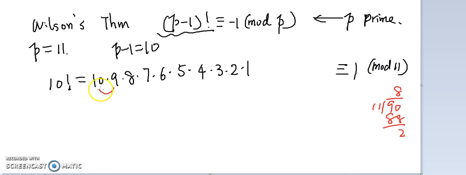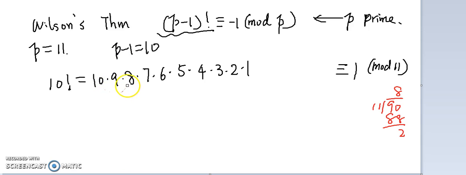So that doesn't work. Then I try 10 times 8, which gives me 80, and 80 divided by 11 gives a remainder of 3. That doesn't work either. So I try 10 times 7: 70 divided by 11, the remainder is 4.